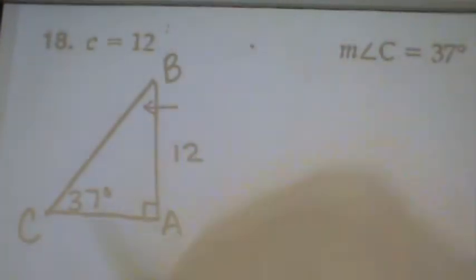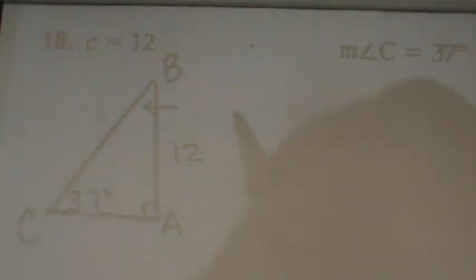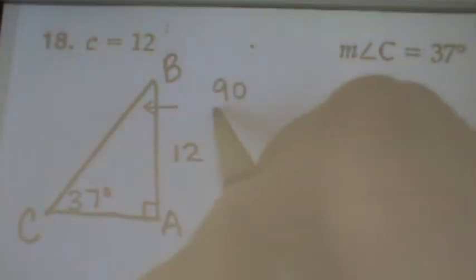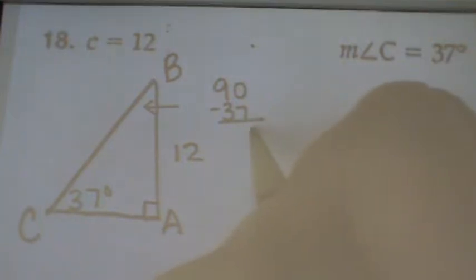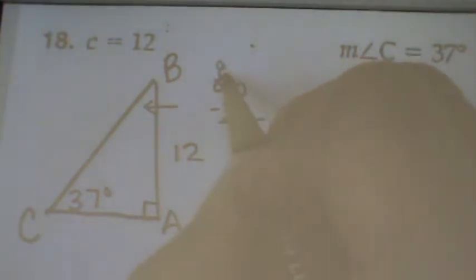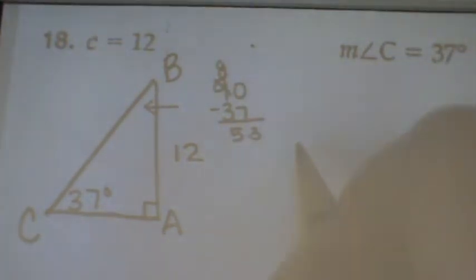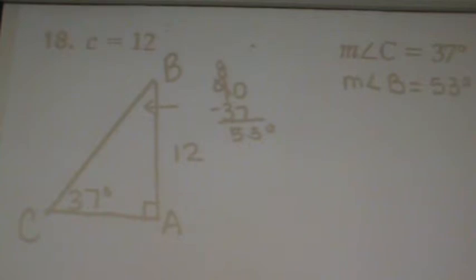How would you find this angle right here? You're going to do 90 minus 37, which is what? 53 degrees. So angle B is 53. Okay, next, what are you going to do?